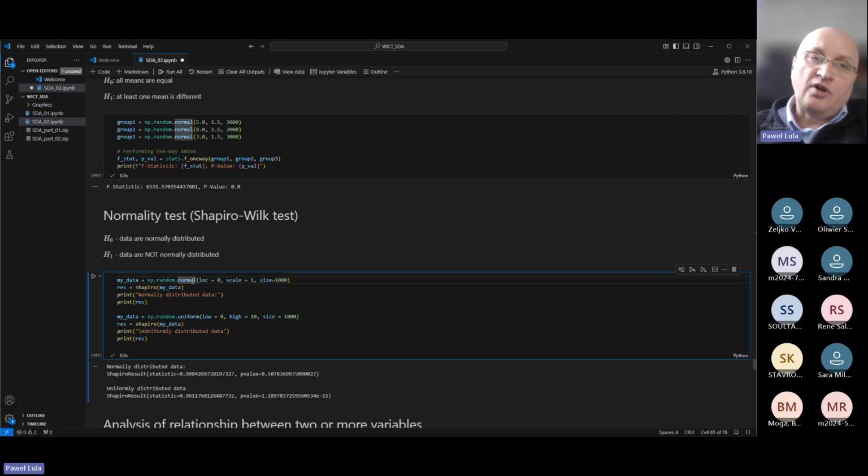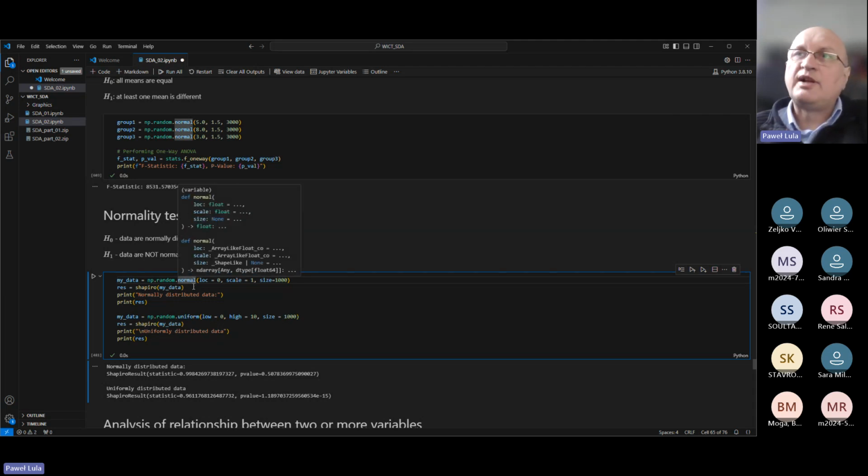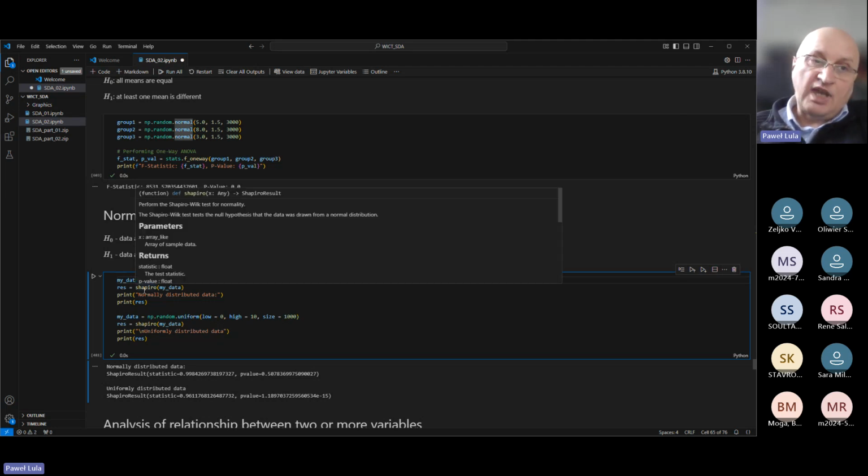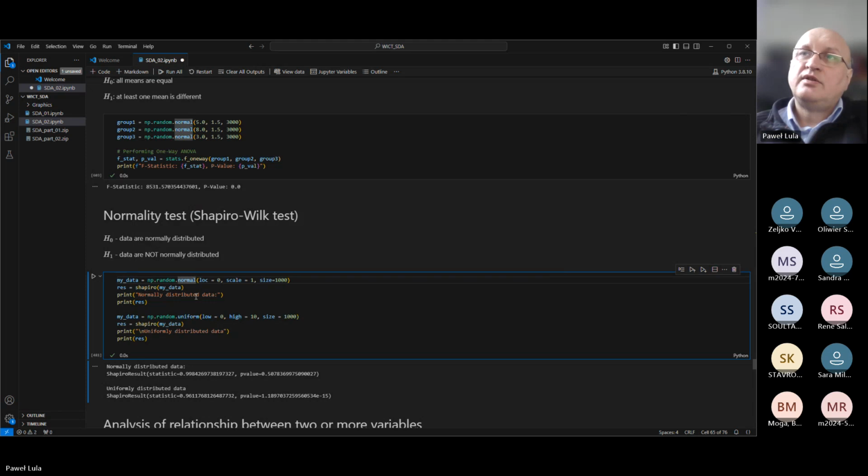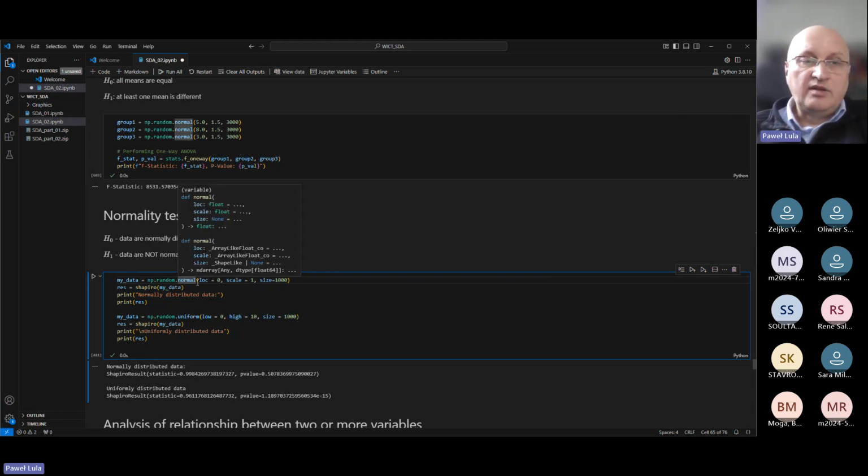I used a generator for normal distribution. Parameters are here, mu and sigma. The number of elements in this sample is 1000. And I'm going to check if this variable in our population has normal distribution.